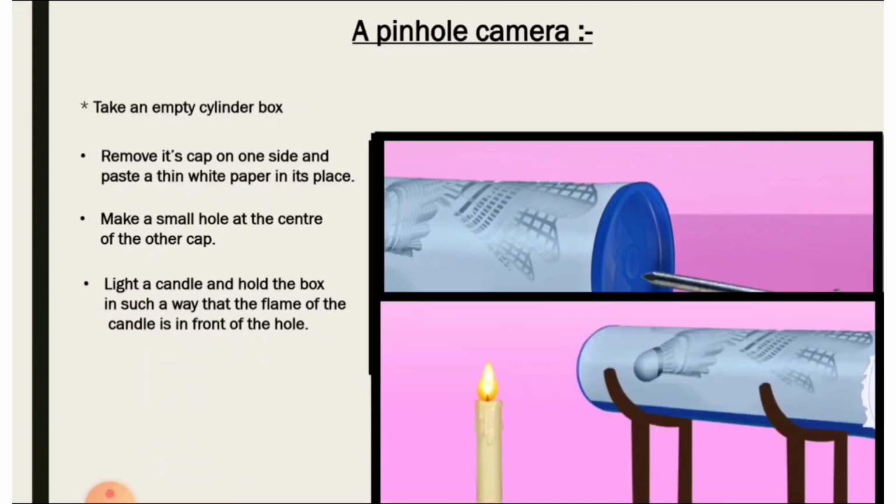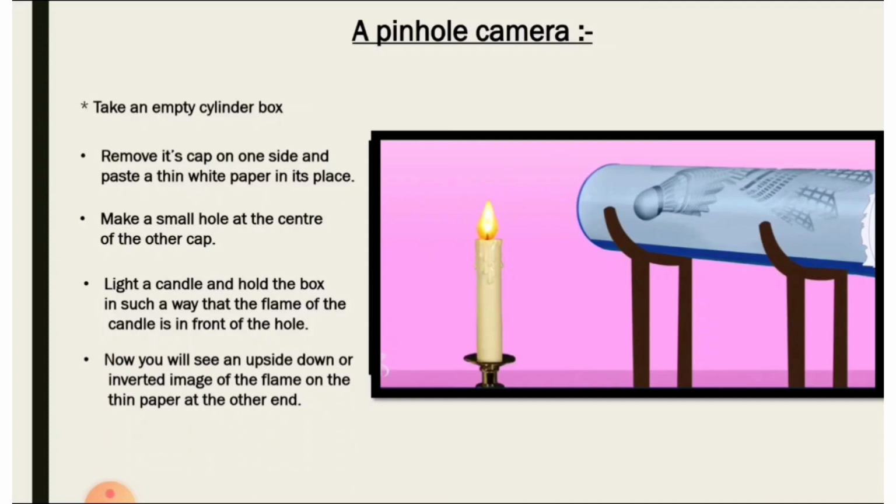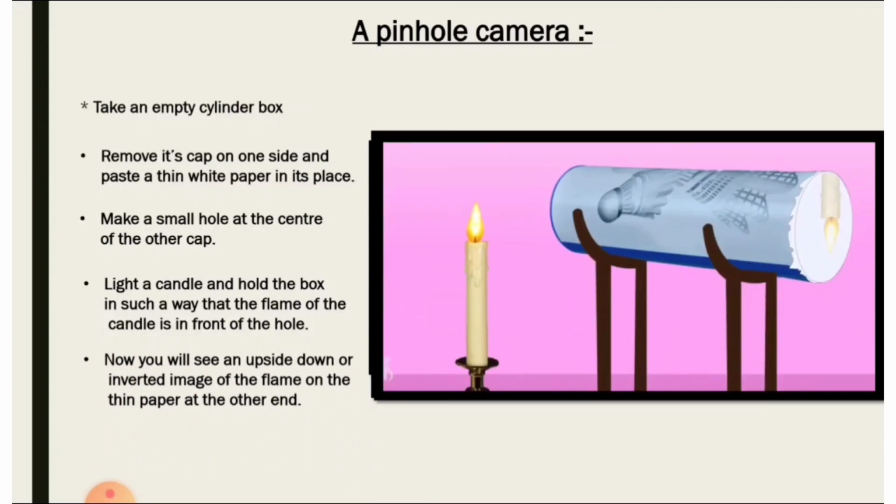Light the candle and hold the box in such a way that the flame of the candle is in front of the hole. Now you will see an upside down or inverted image of the flame on the thin paper at the other end. Why does this happen?